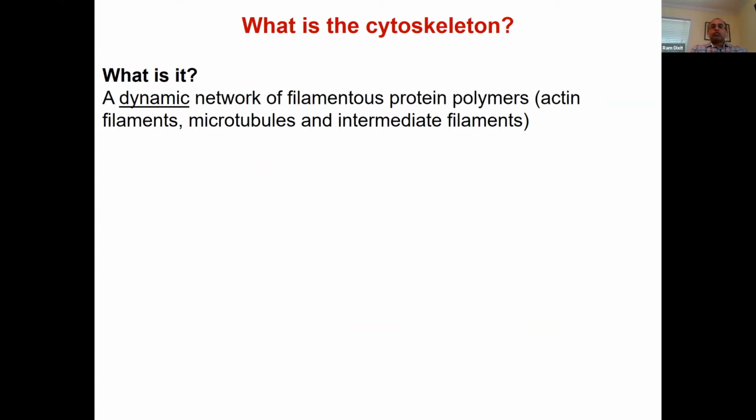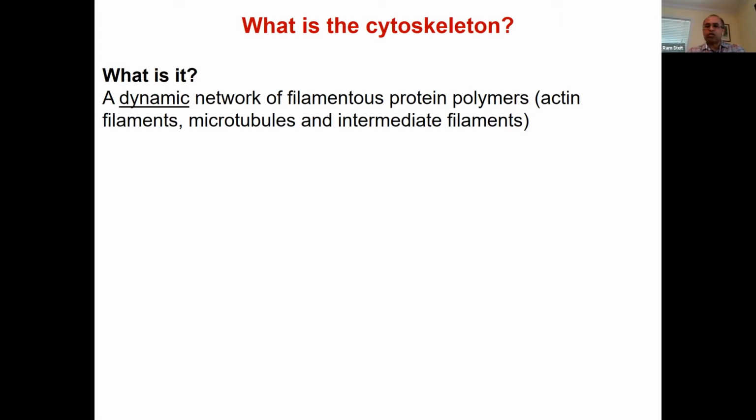So what's the cytoskeleton? It is a network of protein polymers. These are polymers composed of protein subunits, which form filamentous structures. The important thing that I want to emphasize here is that the cytoskeleton is a very dynamic structure. The discovery of the cytoskeleton was based on electron microscopy, and the name belies that: these structures looked like struts and beams inside cells, like a skeleton of cells, and hence the name cytoskeleton.